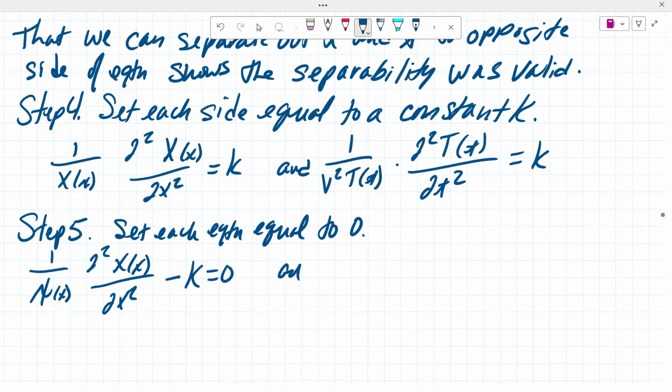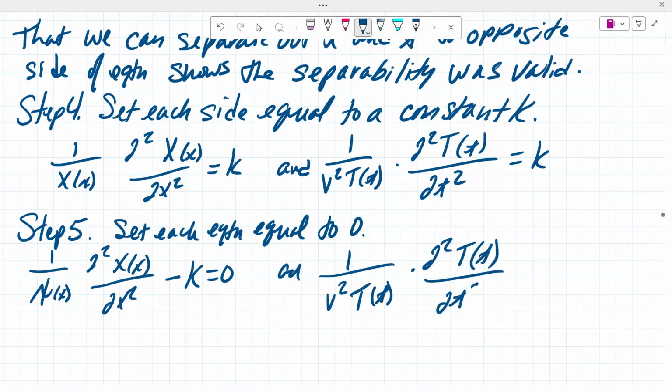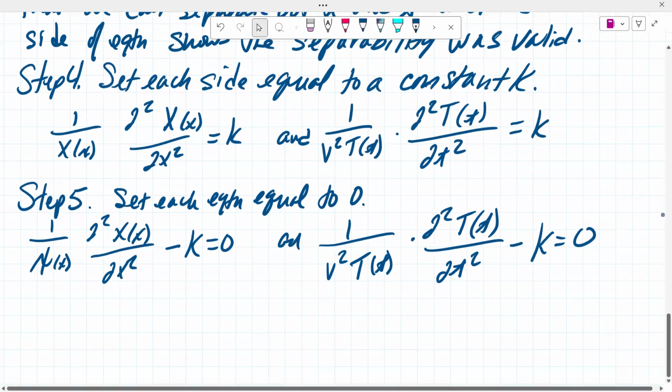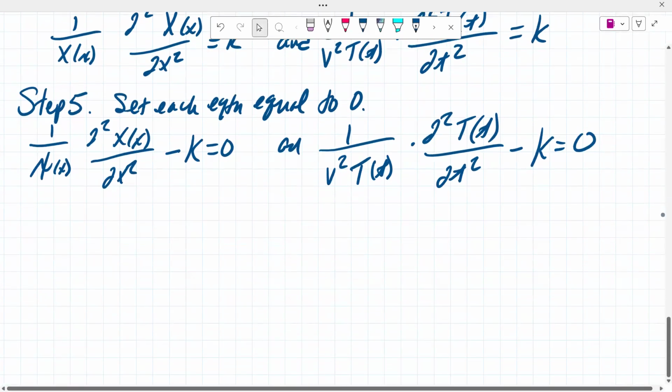And 1 over v squared T of t times d squared T of t over dt squared minus k equals 0. All right. Looking closer and closer to what we were working with last time.